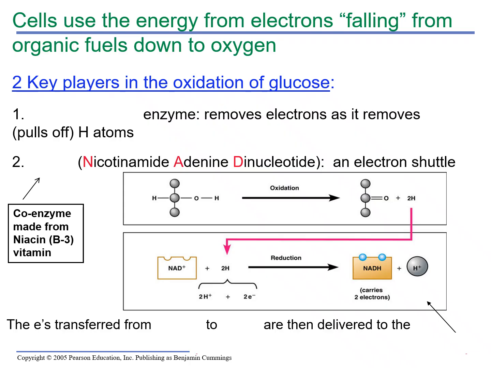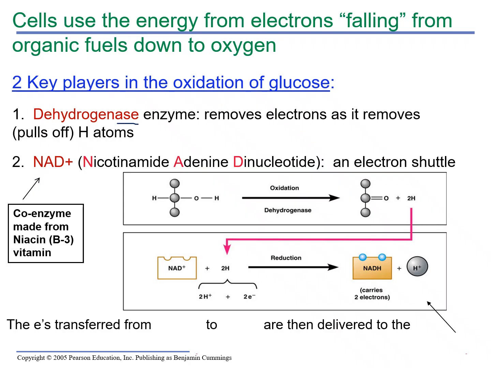The key players in the oxidation of glucose are dehydrogenase enzymes, which remove electrons and hydrogen atoms, and NAD+, which is an electron shuttle. Now, you may notice that most enzymes end in -ase, so that is a good way to tell if something is an enzyme.